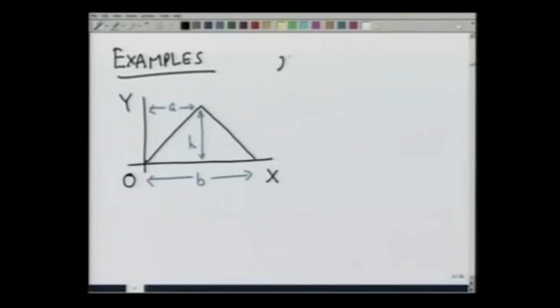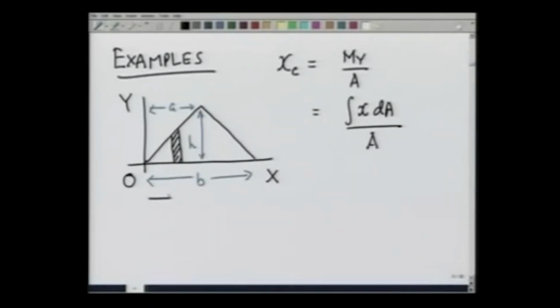Let us first calculate xc, which is My divided by the total area, which is equal to the integral of x dA over the total area. To calculate x dA, or the moment about the y axis, let me take a small area dA like this, parallel to the y axis.